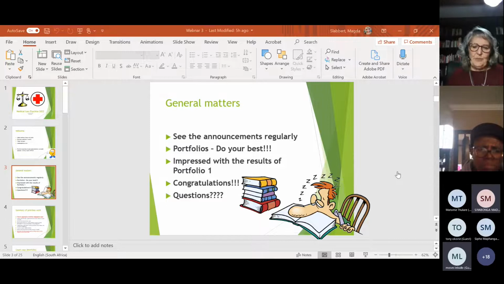It's multiple choice, so it will open and it will give you a certain time and you have to choose the correct answers. And that test one is quite important because it is 20% of your final mark. So you will do the questions and you will get a mark, and that mark will contribute 20% of your final mark.